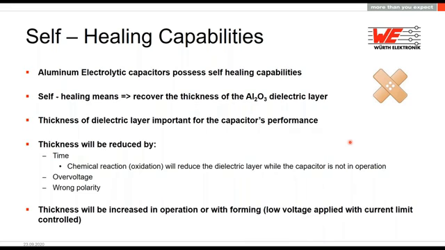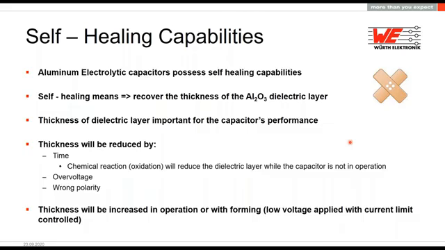This is why the oxide layer is really important. With this self-healing capability, the part can recover the thickness of the dielectric layer, which is really good behavior. The thickness is also important for performance, because the complete voltage across the capacitor is handled by the oxide layer.